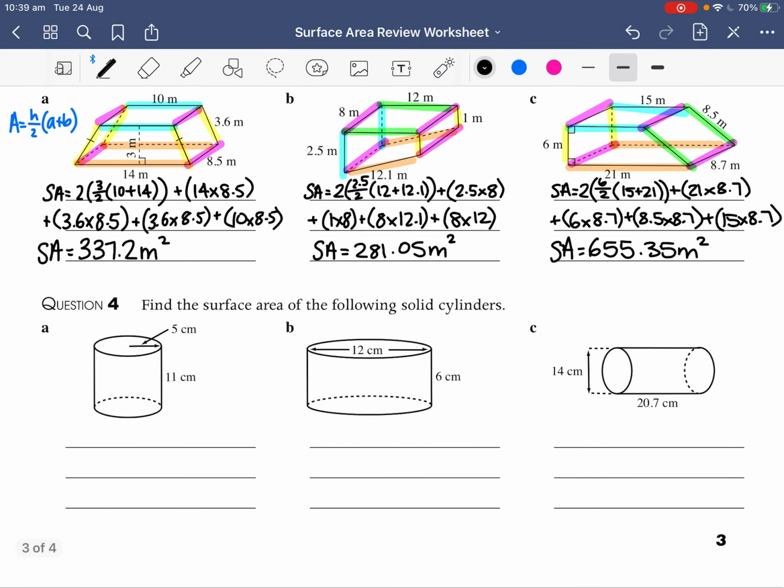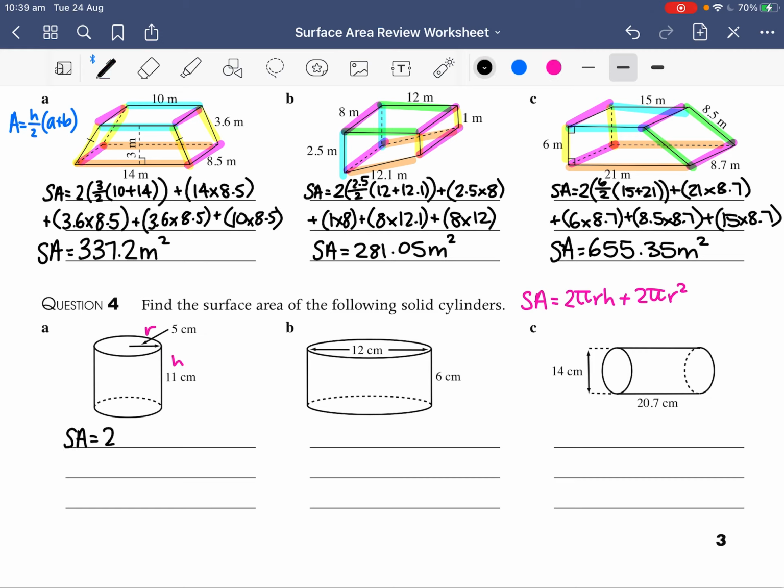For question 4, our last question on this page, we want to find the surface area of the following cylinders. So the surface area formula for a cylinder is 2 pi r h plus 2 pi r squared. So our radius here is 5, our height is 11 for our first one.